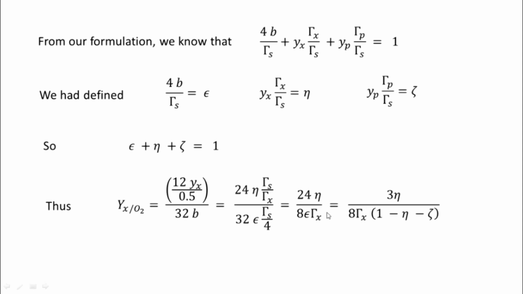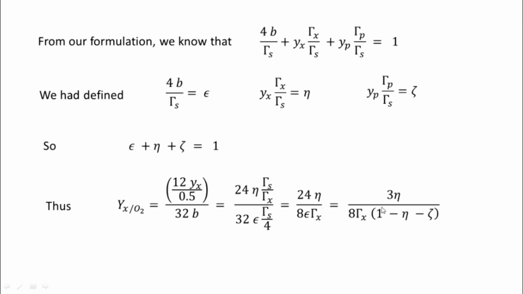Here we have 24 eta by 8 epsilon gamma X. Epsilon plus eta plus xi equals 1. So we could write epsilon in terms of eta and xi, which are easier parameters to have.